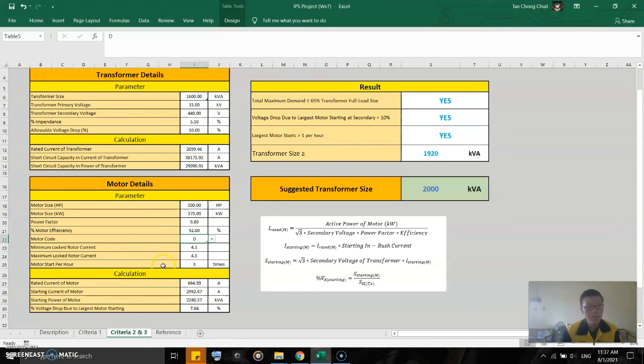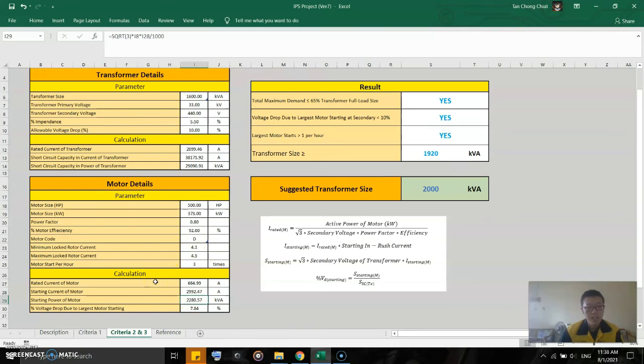So the motor start power is 3 times according to the instruction, and then for the calculation here we are using the equation as shown here. So the rated current of the motor is calculated using this equation, which is active power divided by secondary voltage, square root 3, power factor and efficiency, and then motor starting current is using the current here multiplied with the inrush current.